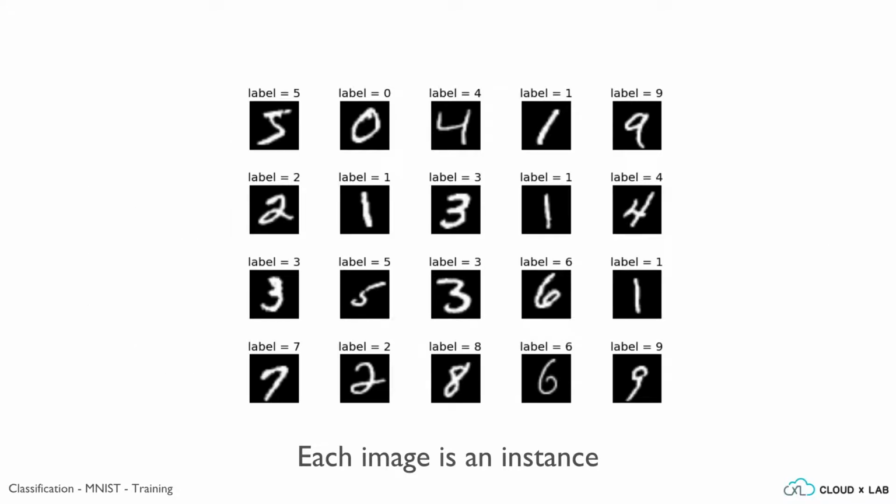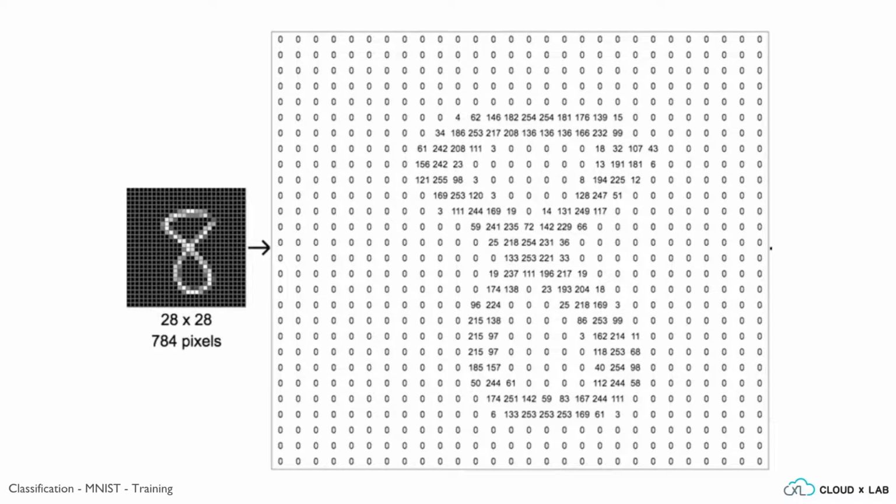There are 70,000 images in the MNIST dataset, so the number of instances is 70,000. Each image has a label associated with it. Let's see how we represent these images in tabular form. Each image in MNIST is of size 28 by 28 pixels.